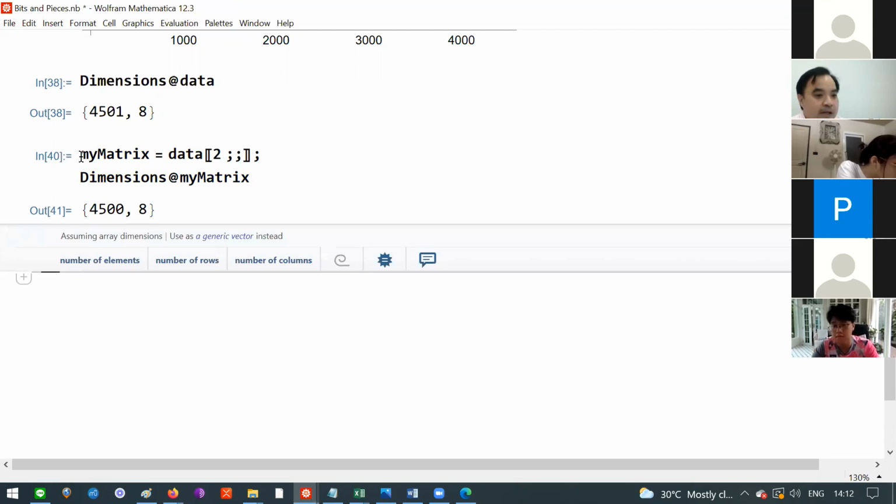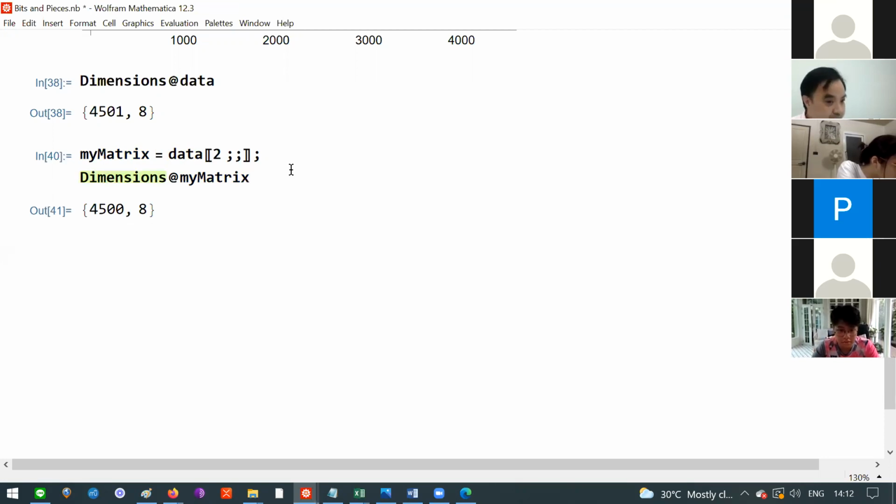Now, I'm going to take this matrix and take the transpose. I'll show you the step first, and then we'll discuss what this actually means. If I take the transpose of this matrix, what's the dimension?